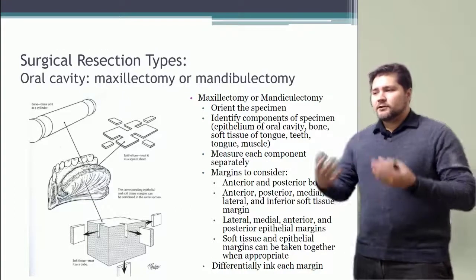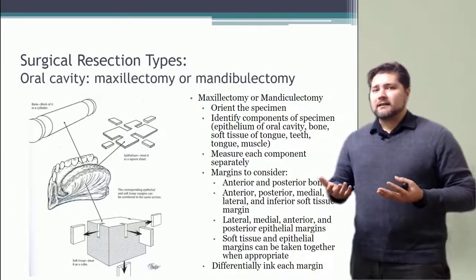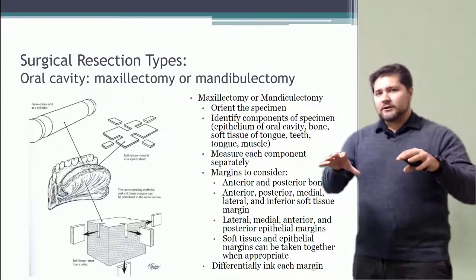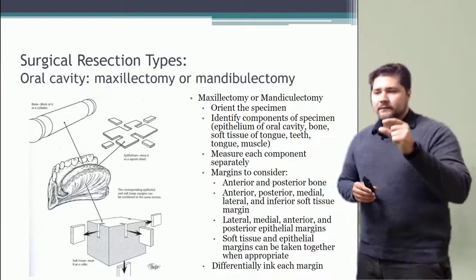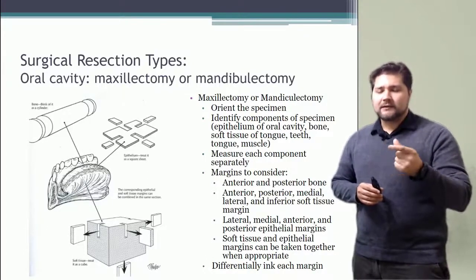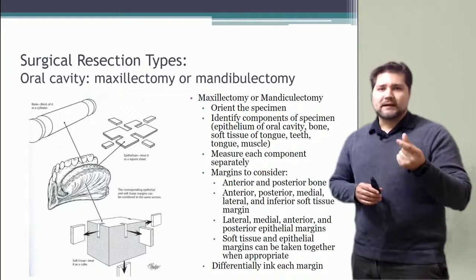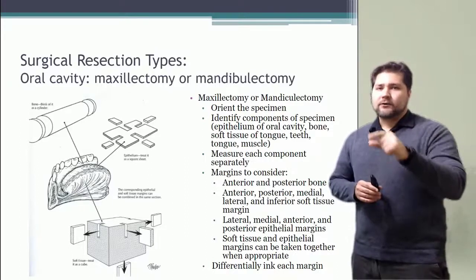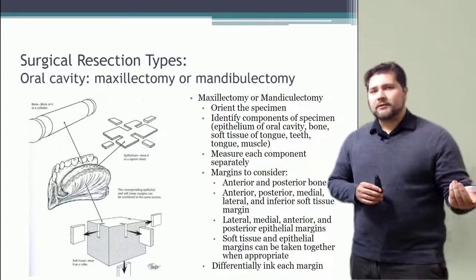So usually if you're describing each thing and then documenting the external surface, you might see a solitary lesion, and I'll measure that to all my epithelial margins. So I'll say there's an erythroplakic lesion measuring 1.2 by 0.8 centimeters, and it measures X number of centimeters to the medial, lateral, anterior, posterior epithelial margins.